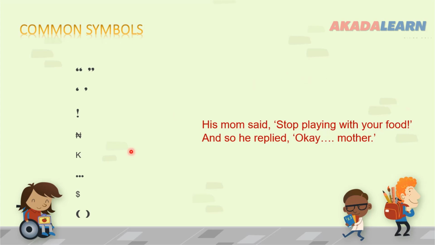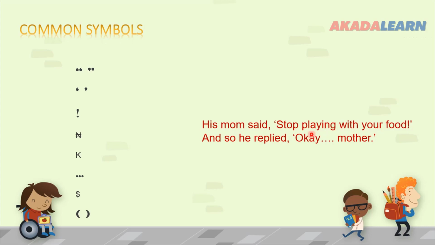All right, and these dots, they are like full stops, but when you see them like this, three or more in a row, it shows that there was a long pause. So we read it like this: his mom said, "Stop playing with your food." And so he replied, "Okay... mother." Alright, so this shows that there was a pause between okay and mother.